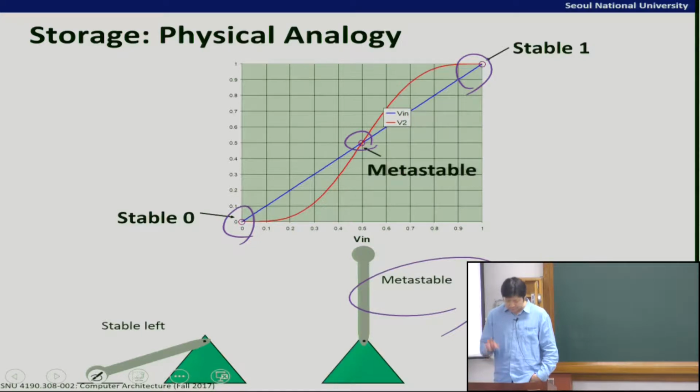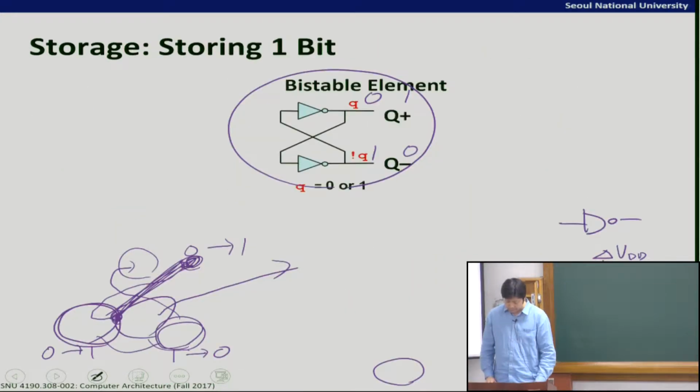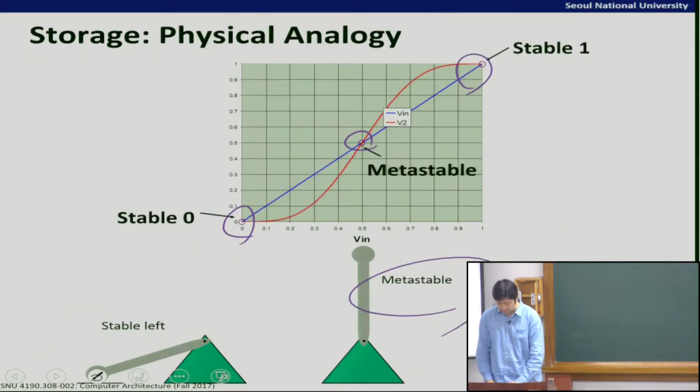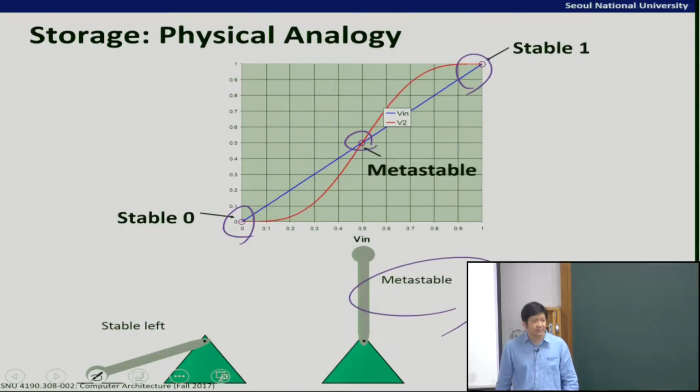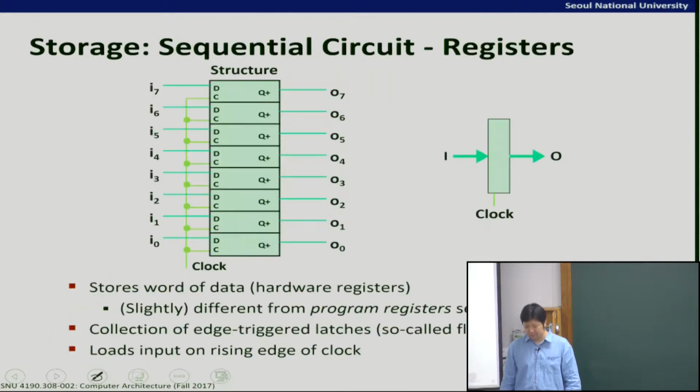we can make a very small 1-bit storage element using this bistable element, like a cross-coupled inverter. It serves as the smallest memory we can build, and we use it as a building block to make more complex memory elements.